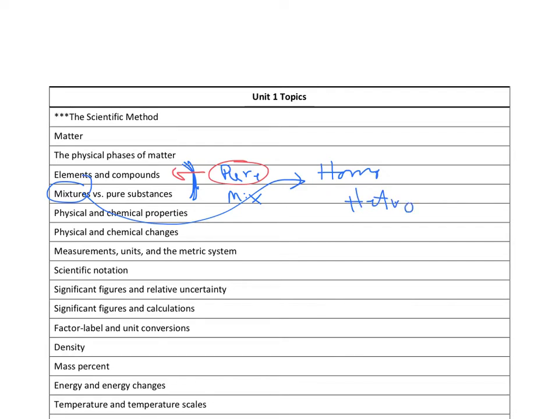what it is. We spent some time talking about physical versus chemical properties and changes. Remember, a chemical change is one where new substances are formed. Metric system: remember, I said there are 4 prefixes you need to know.